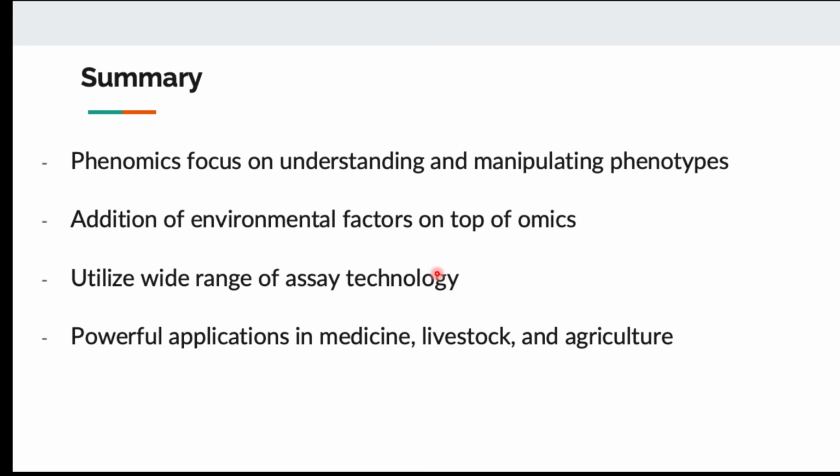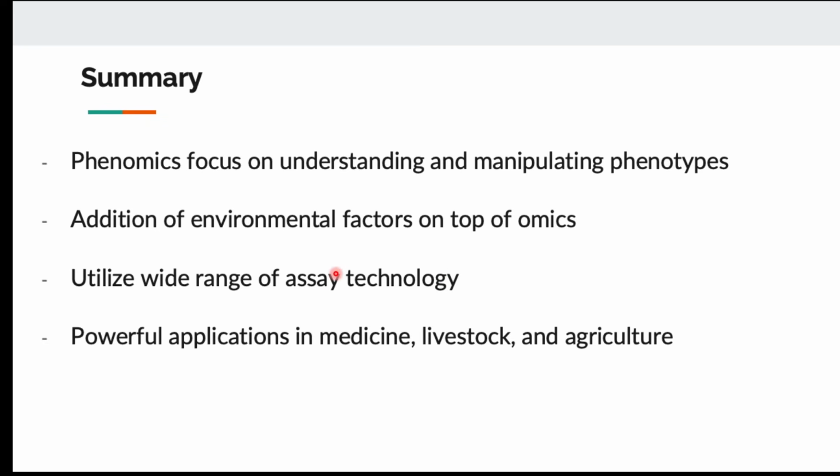It's not molecular, but we can correlate molecular information to phenotypes that may be external, to understand and to manipulate them to improve the health of humans, to improve the health of animals, and to get better economics and productivity out of livestock and agriculture.